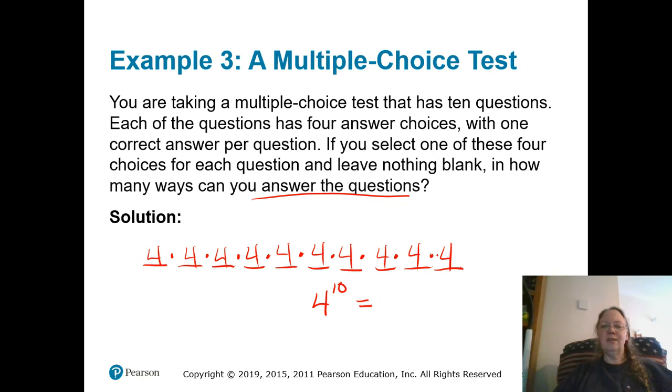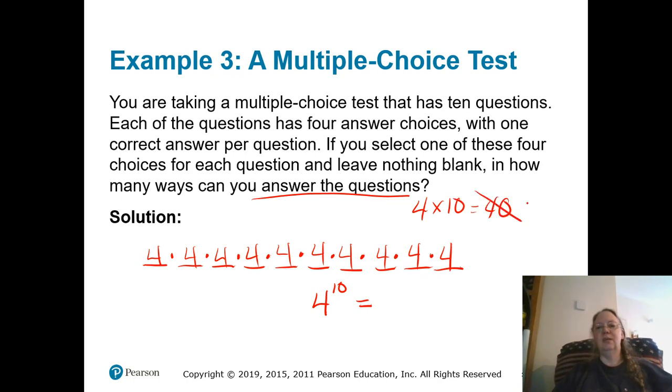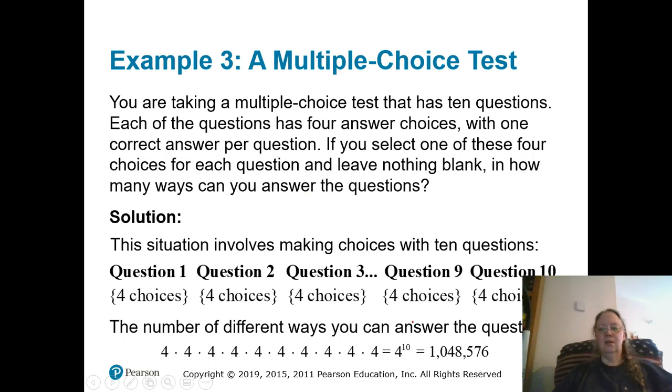But one thing that I've noticed when students do this question on the test, they always multiply 4 times 10 and get 40, which is incorrect. So it's 4 to the 10th power, which is a lot of different ways we can answer these 10 questions.